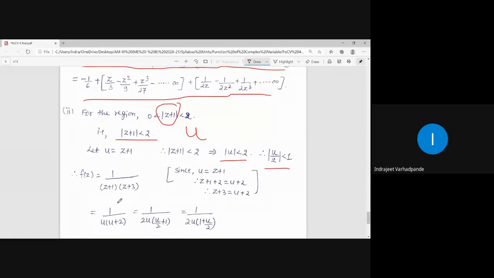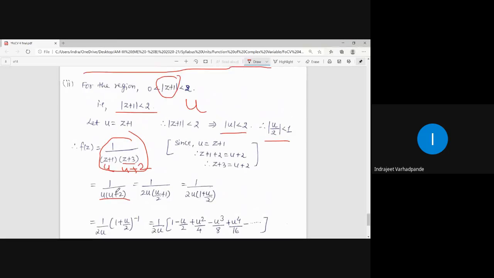Now I will be using the step where it is expressed in the product form. One of the factors is z plus 1 which is u, but z plus 3 के लिए वो क्या हो जाएगा u plus 2, and then I will be having the term as 1 upon u into u plus 2. Clear?